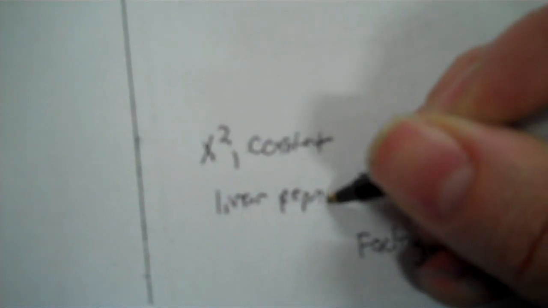Well, in that case, I can just apply linear properties. So you can add 5, x to the second would equal 5, and then apply the square root. Now the square root of 5, I don't need to poke the i out. It's positive. The square root of 5 isn't a perfect square, and it really doesn't simplify, so it's going to be square root of 5, and then negative square root of 5.